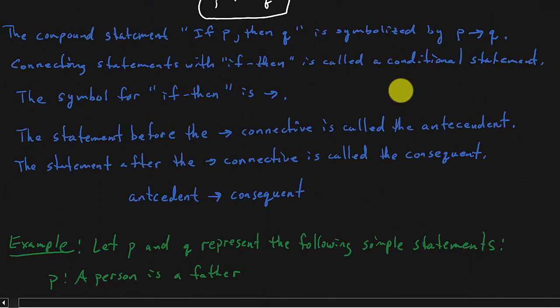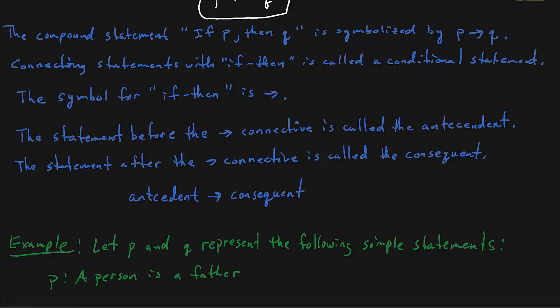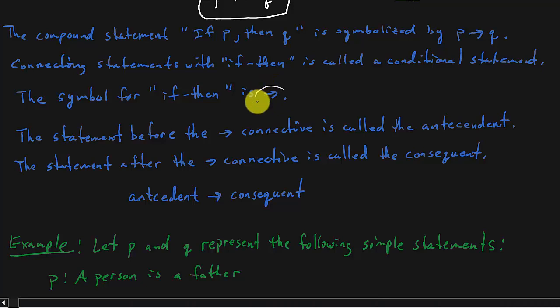All right, so let's look at if then. The compound statement if P then Q is symbolized by P, and then this symbol here is just an arrow, Q. Connecting statements with if then is called a conditional statement. This is your symbol for if then.